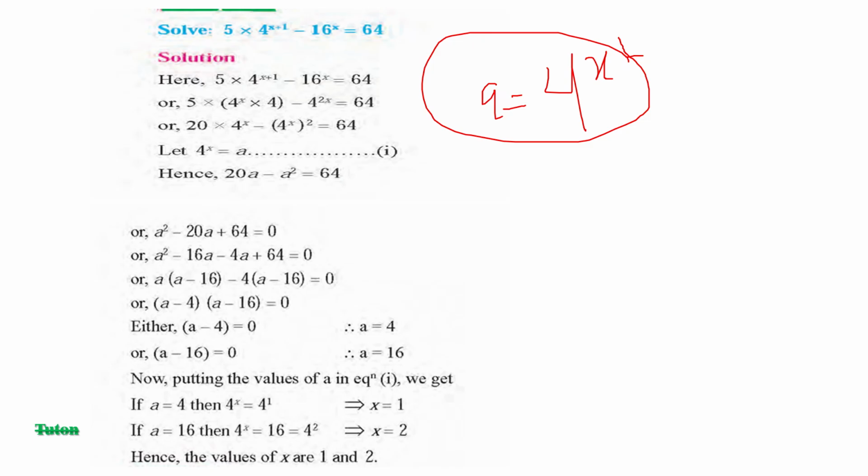Now similarly we can get the quadratic equation as this after simple algebraic calculations, as I have already explained on how to solve this quadratic equation. This quadratic equation can similarly be solved, and the value for a can be calculated as 4 and 16, as mentioned in this step.